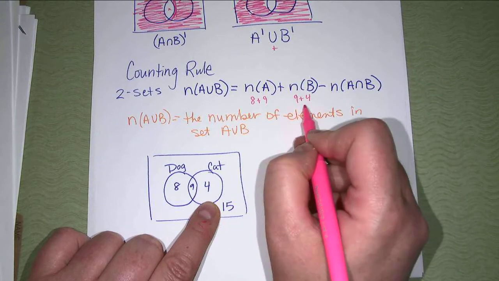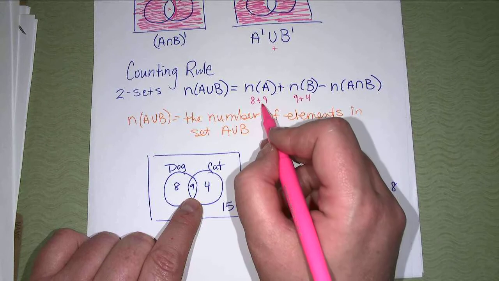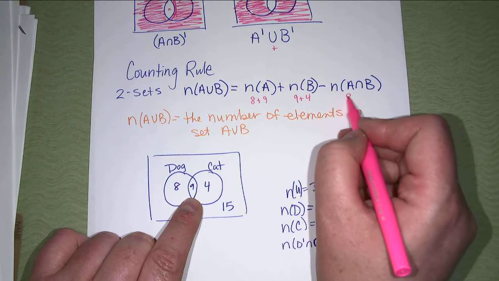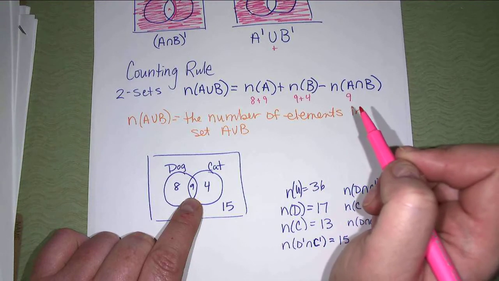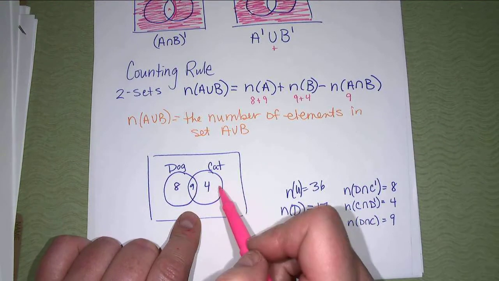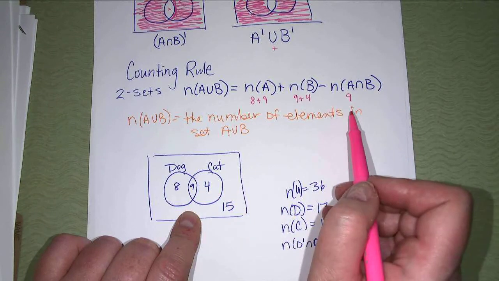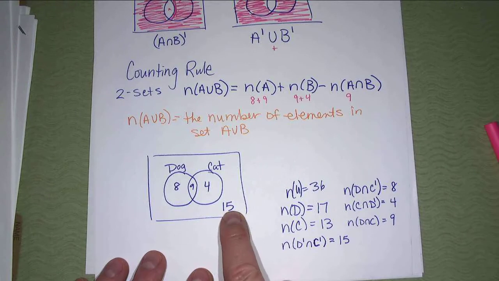How many did we add too many? Right, we've added 9 here, and we've added 9 here, so this is saying subtract the 9 off. The extra 9 that we counted twice. So you can add both, but that meant you counted the 9 twice, so you'd have to take off the 9. So that's what the counting principle says. It doesn't talk about the people on the outside. Right.